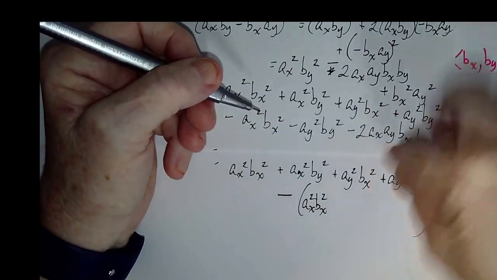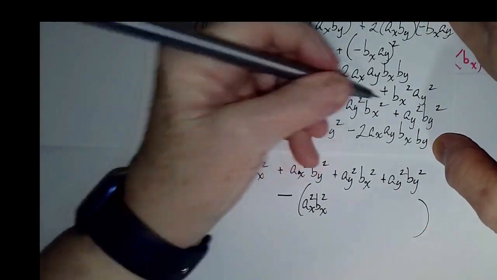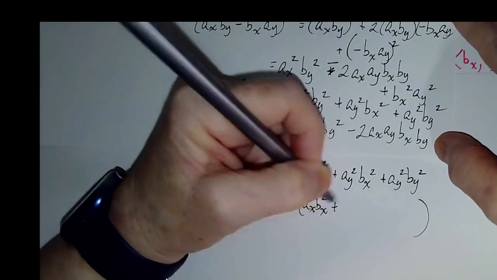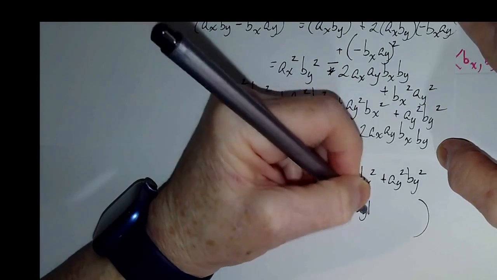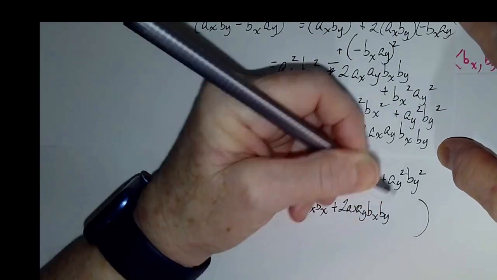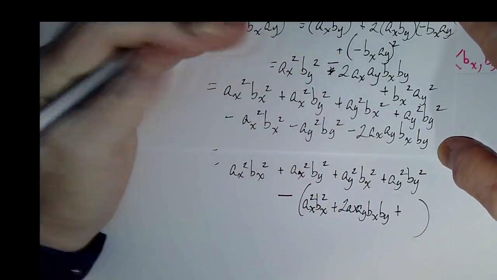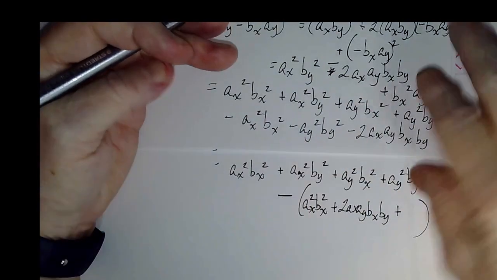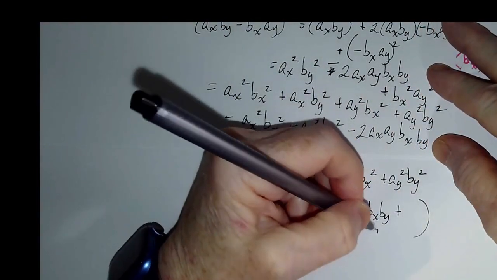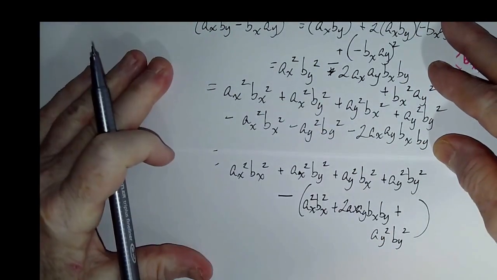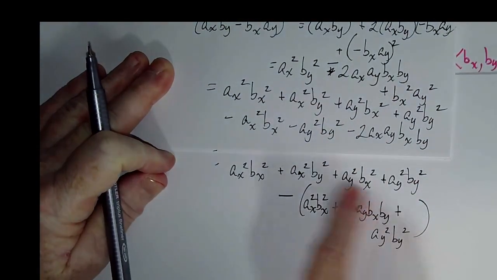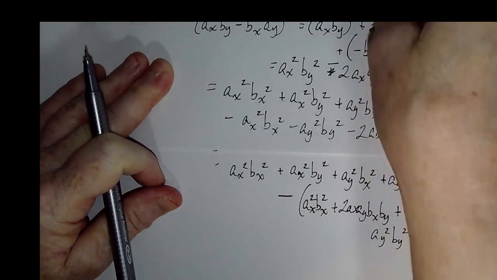I want to put the middle term next, so plus 2 times AX AY BX BY plus AY squared BY squared. And remember where we got that?